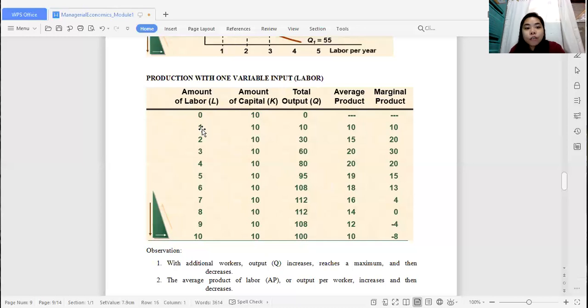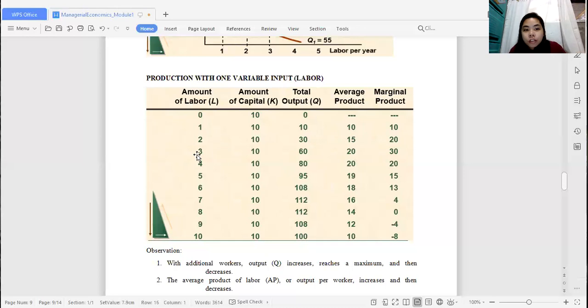So from 1 unit of labor, you add one, so it will become 2 units of labor. From 10, if you have 2 units of labor, it becomes 30, so you have a marginal product of 20. So from 10 to 30, you have a marginal product of 20.